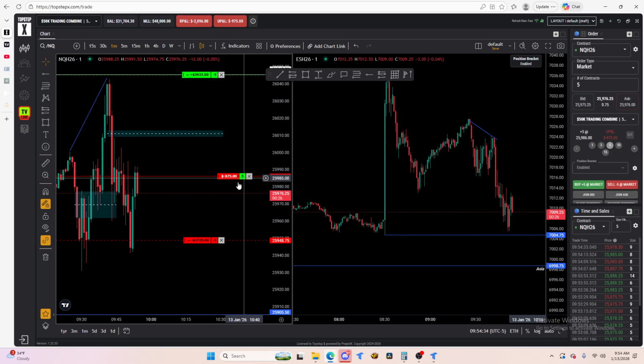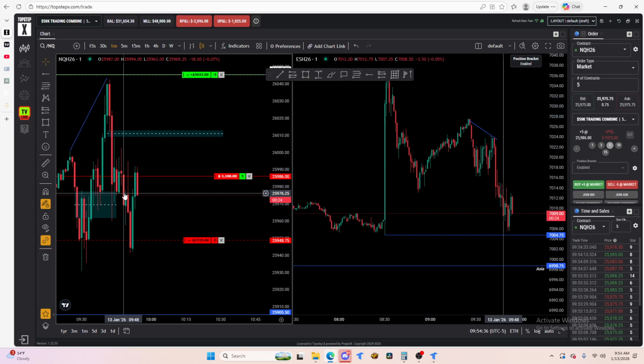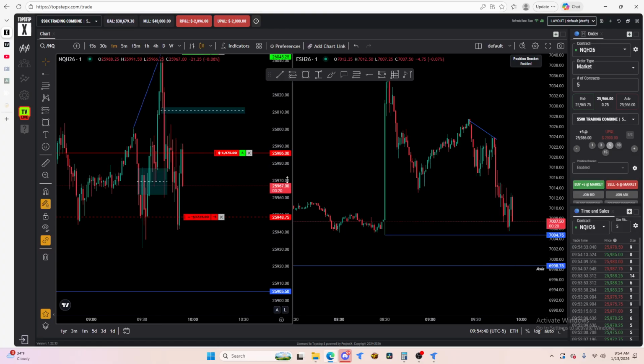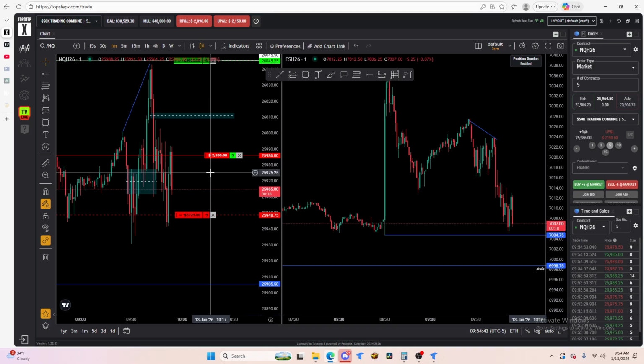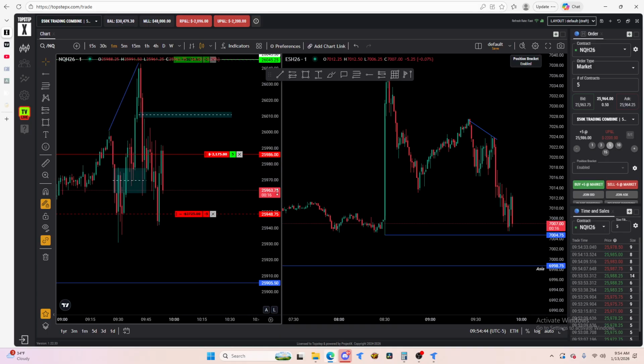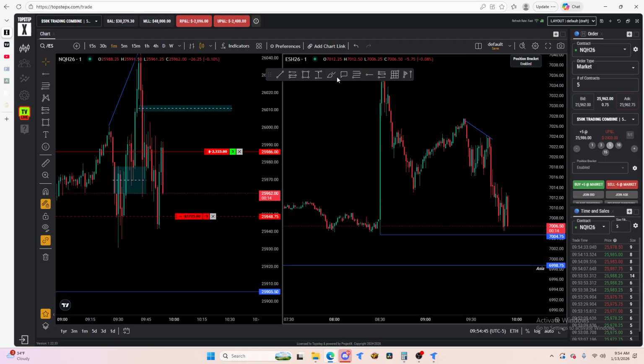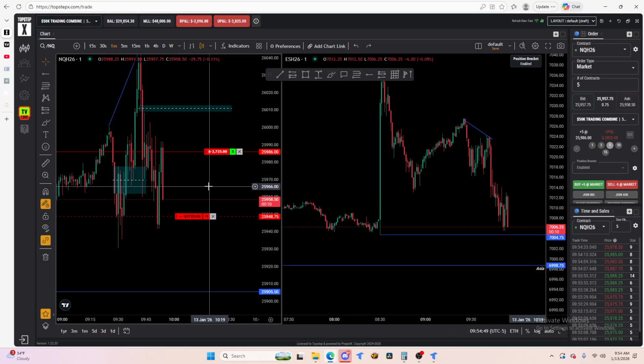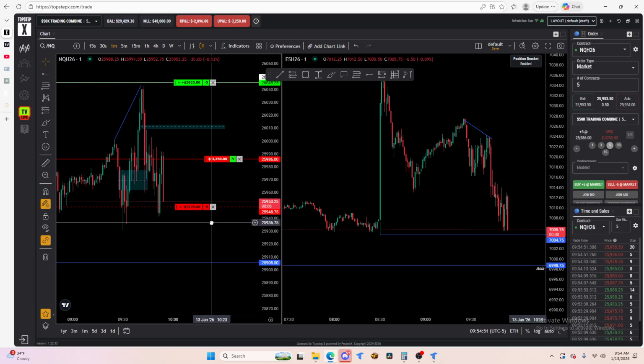Two, that's a CISD. That's about it. I mean, you can argue this is the CISD, but to me, this one up here. And as you can see, it didn't do it yet. So we might take this out first before doing that, or it can just continue going lower.